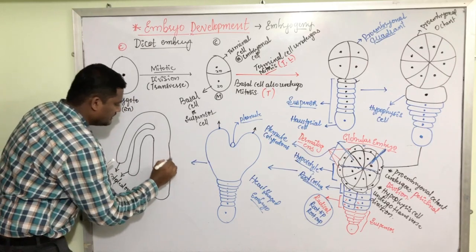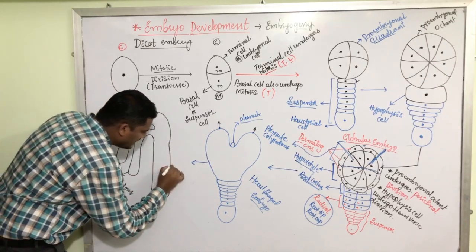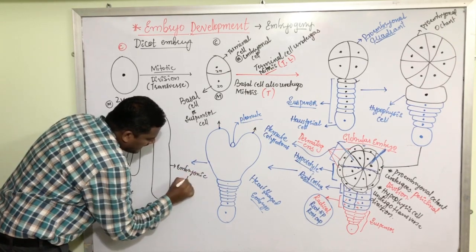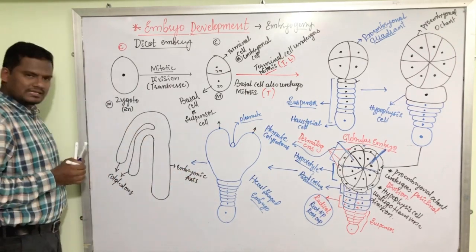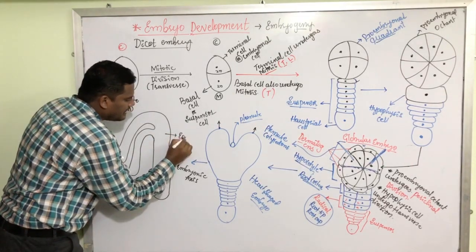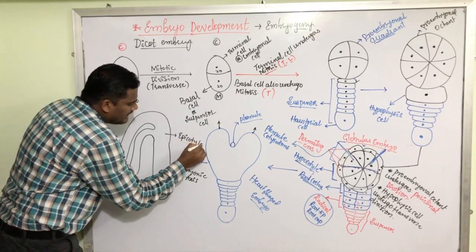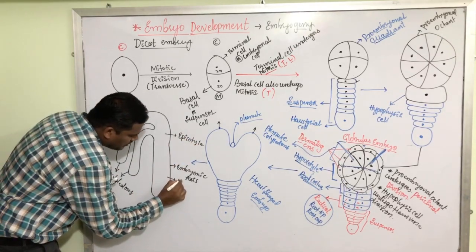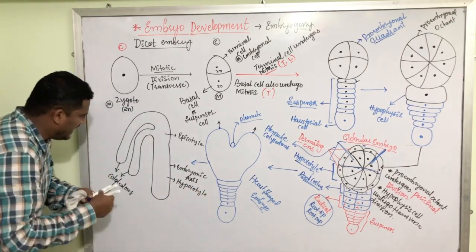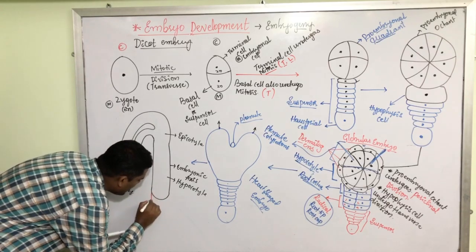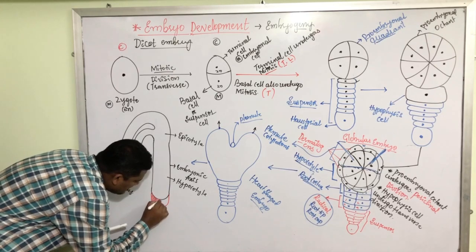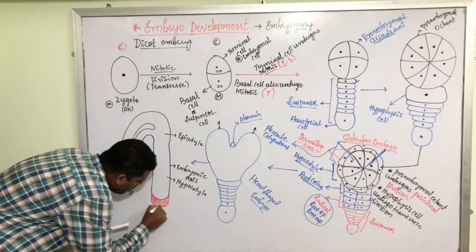Whereas this entire stalk-like structure, it is the embryonic axis, and this upper portion, it is called as epicotyle, and this lower portion, it is called as a hypocotyle, and at the base, here we have a strong tissue.